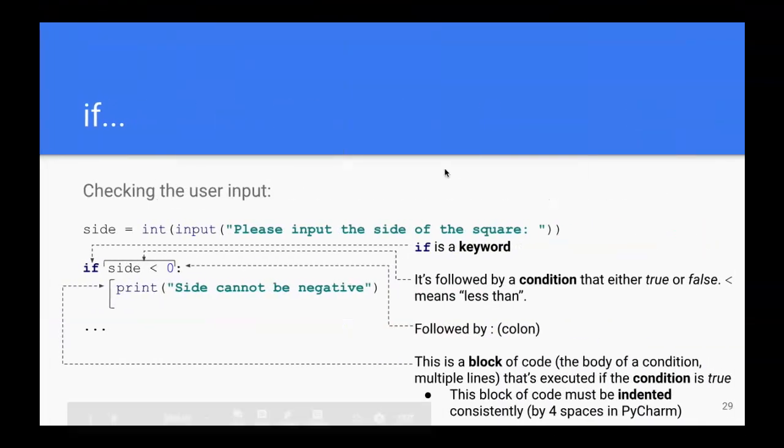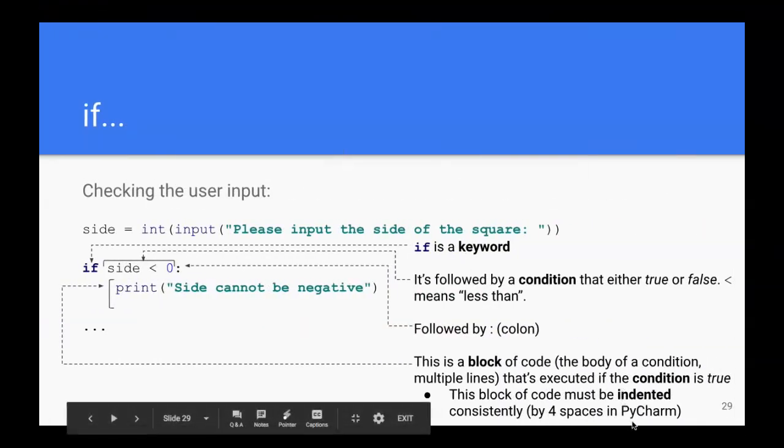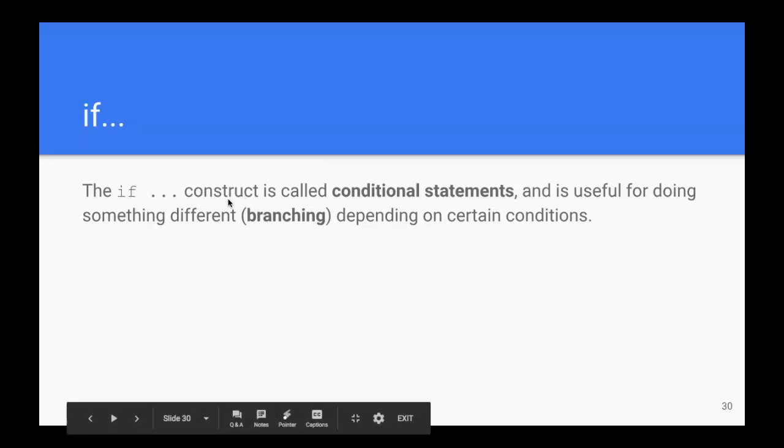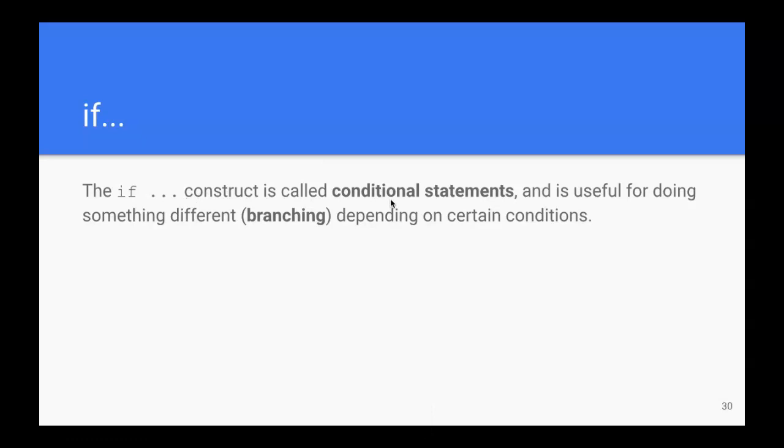That's very, very important. Okay. So as a formal definition, the if construct is called a conditional statement. And it is very useful for doing something different depending on whatever that condition might be.